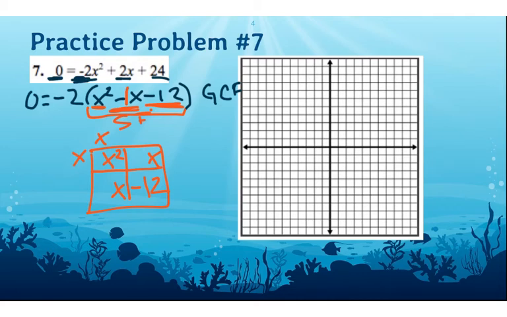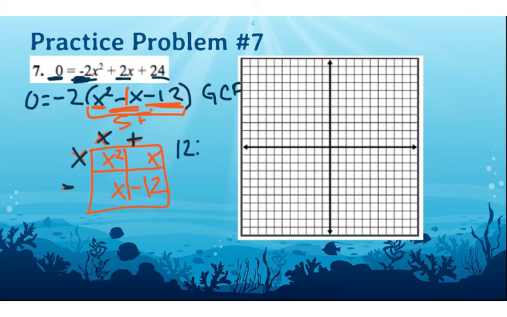Well, if it's a negative 12, I do know I need a positive and a negative. Okay, and actually, let me do these in a different color. x times x, and I know I need a positive and a negative. Why a positive and a negative? Because that is the only combination that will multiply to give you a negative. So a positive times a negative, or a negative times a positive, but they've got to be different signs.